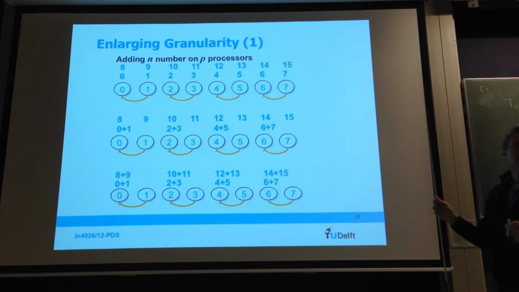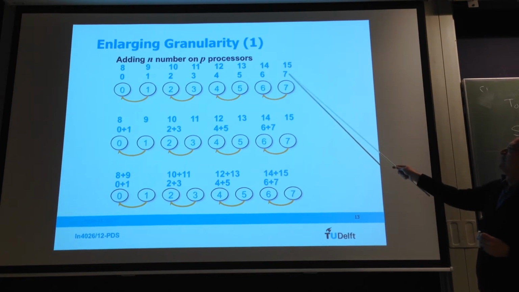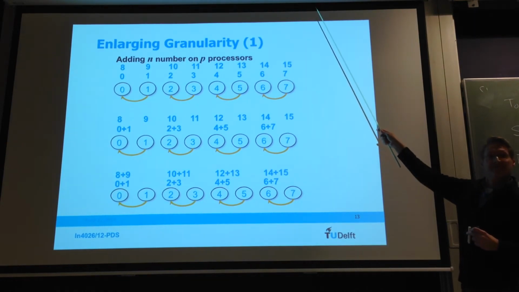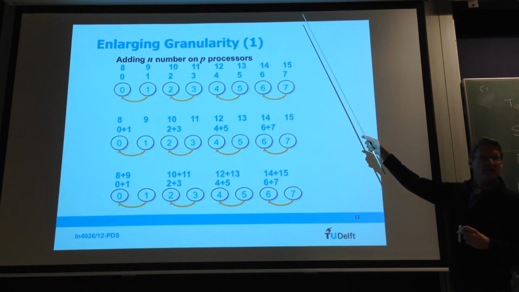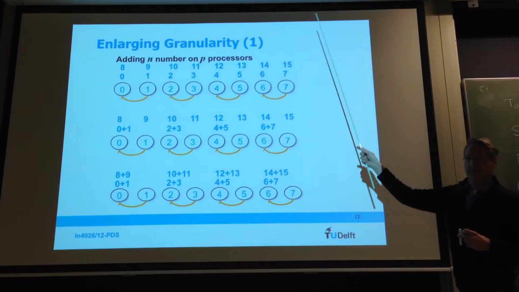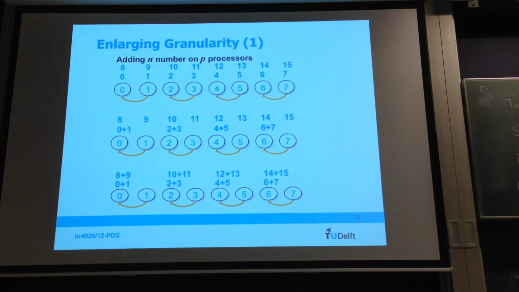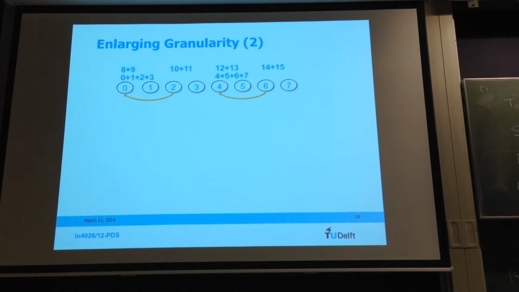You can just add them immediately and then reduce. Right? Now, this might not seem spectacular here, but if you have a lot of numbers, you can do a lot of additions without any communication step. Then you're back again to the sequential. Well, we see what that means.